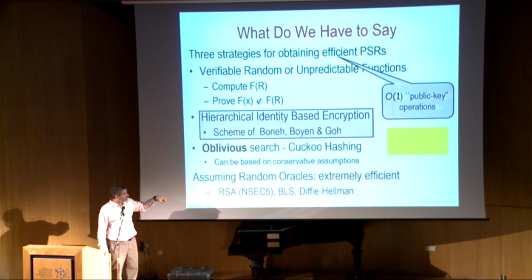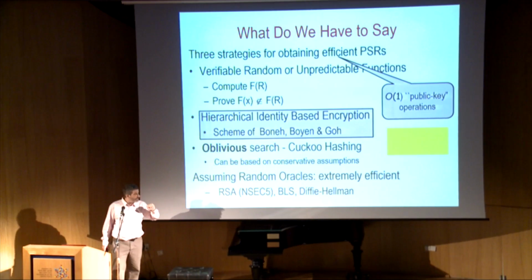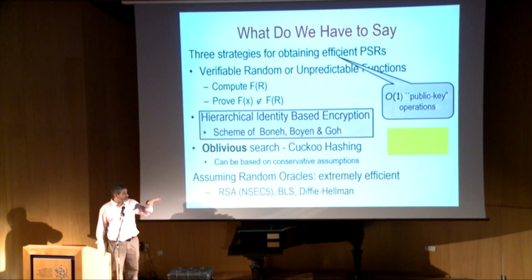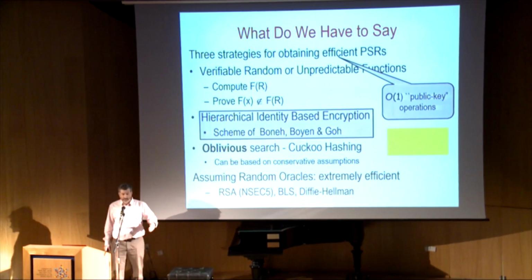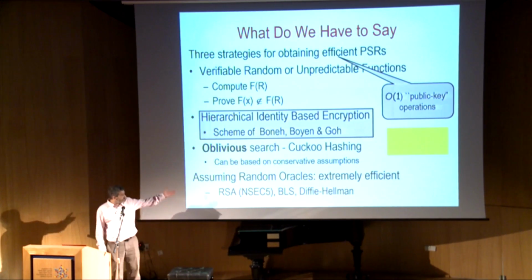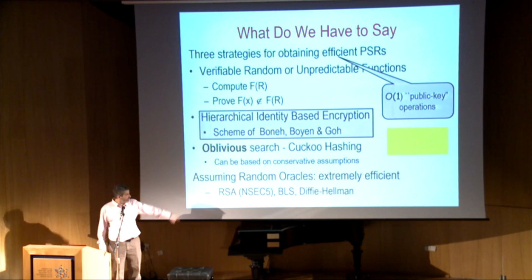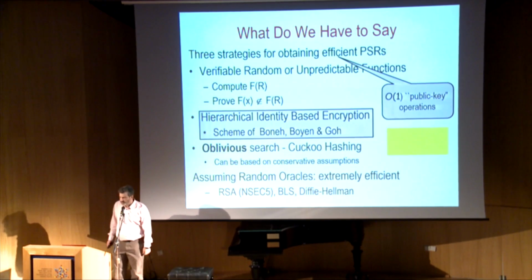One based on RSA. We can base them on the Boneh, Lynn, Shacham signature scheme, or just on plain Diffie-Hellman. All these use random oracles, but just one or two calls to these mechanisms. And there is an RFC based on the RSA one.